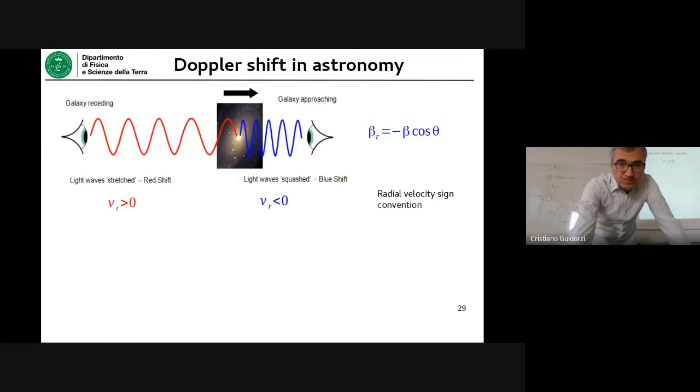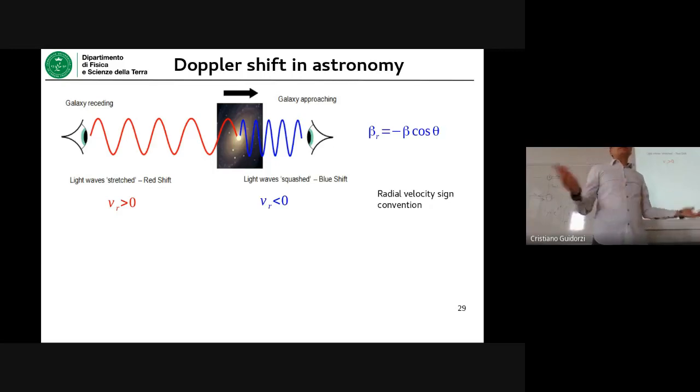And so as you can imagine, the Doppler effect in astronomy is really important and is ubiquitous, I would say, since we are talking about sources of radiation which can be moving with respect to the observer, so this is just standard.